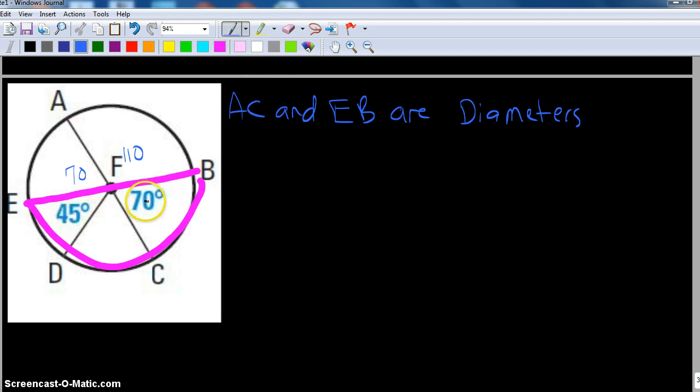I have 45 and 70, so add those two numbers. Add 45 plus 70, and subtract from 180. And it gives you how much the other leftover piece is. It should be 65. So this right here is 65.